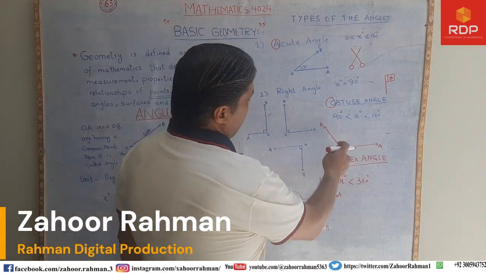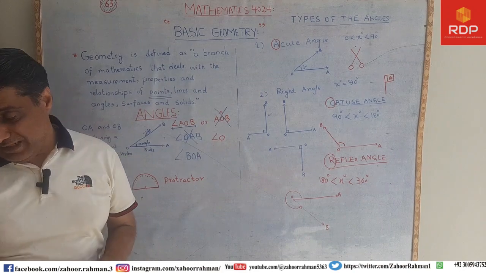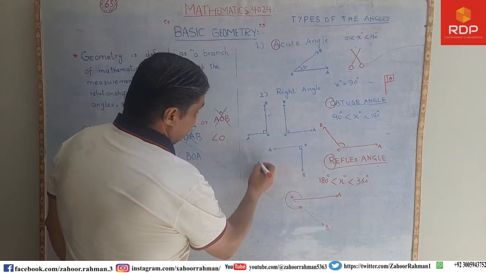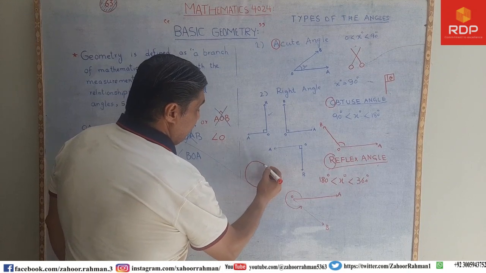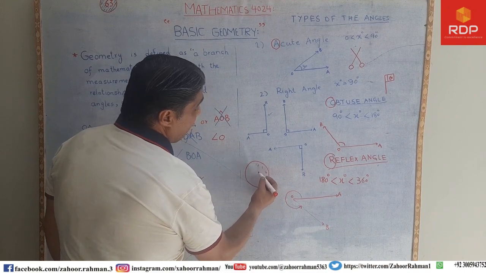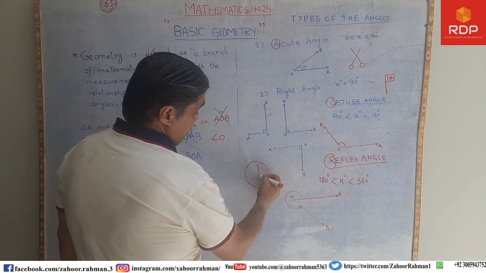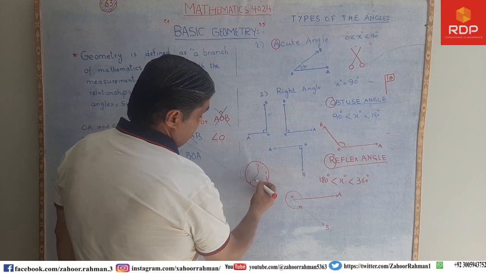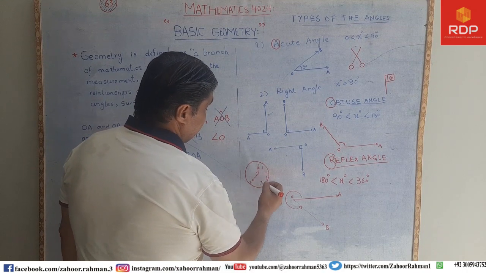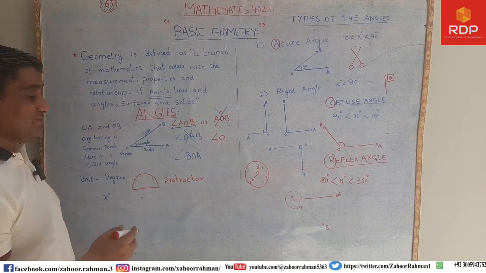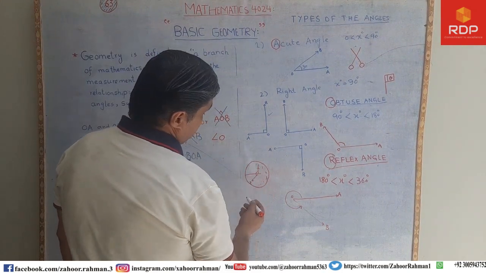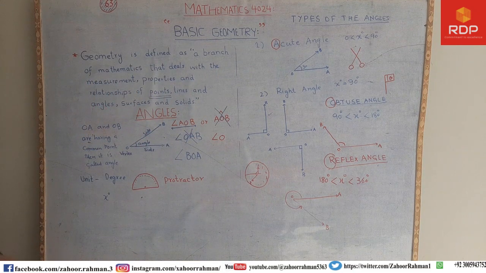And a clock, if there is a clock and that is 12, 1, 2, 3 and so on, and if the angle is this one and this one, which is 7, so it means that this angle is a reflex angle because it is greater than 180. So these were all the types of angles.